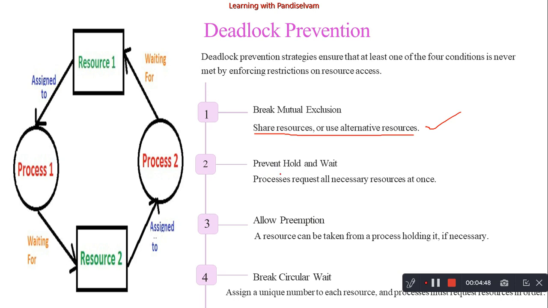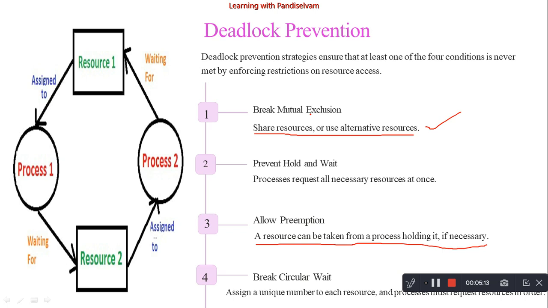Prevent hold and wait: a process requests all the necessary resources at once. Allow preemption: a resource can be taken from the process holding it if necessary. Break the circular wait: assign a unique number to each resource and the process must request resources in that order. This is the way we can prevent deadlock.